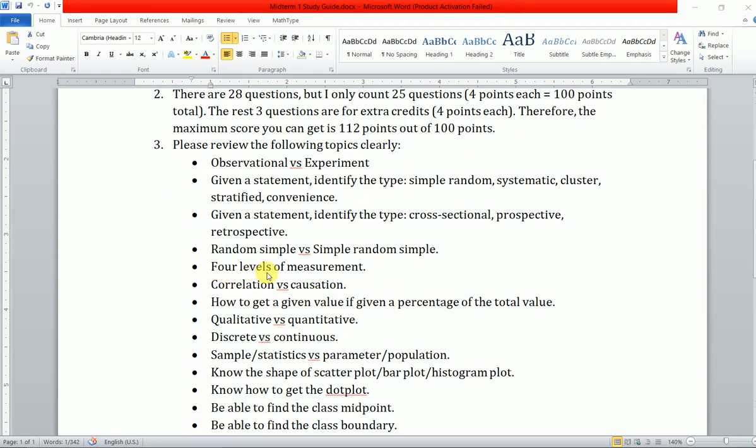4 levels of measurement. Remember, we have 4 levels of measurement. What are they? Ratio, interval, ordinal, and nominal. Remember, ratio is what? There's a natural zero starting point. And when you take the ratio, it has some meaning. For example, the height, the length, the distances, the volumes, they all have the zero starting point.